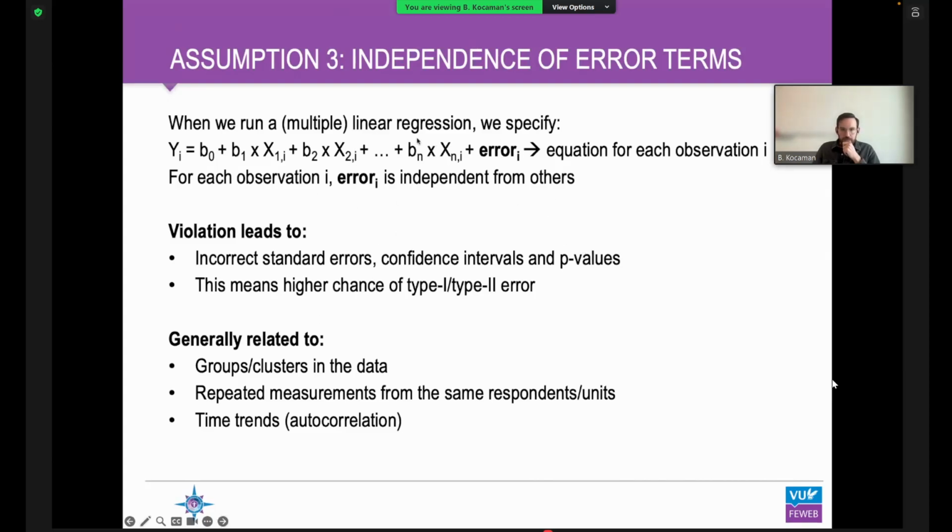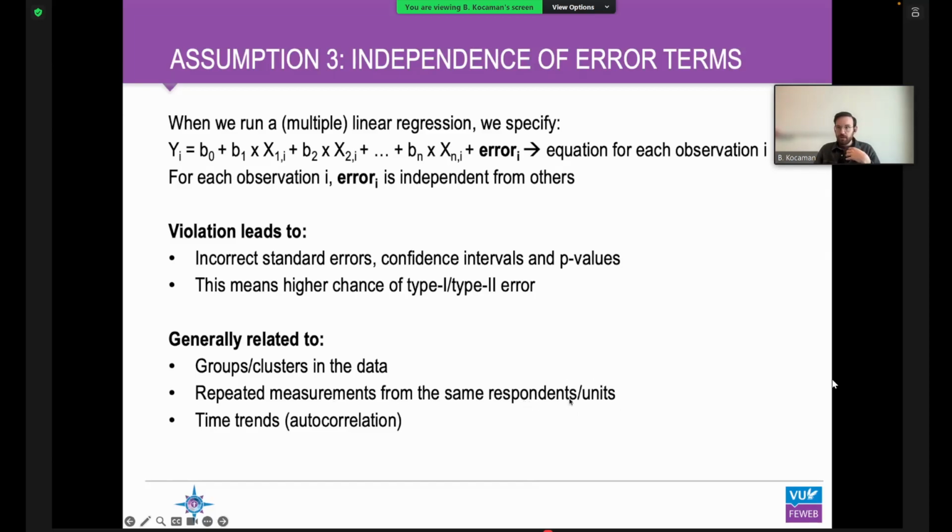It might be a bit too vague right now, but it is generally related to if you have groups or clusters in the data. So if we come from the same neighborhood, our perceptions about certain municipal services could be very likely to be similar. So our error terms are also correlated. It might be that we have repeated measurements from the same respondent.